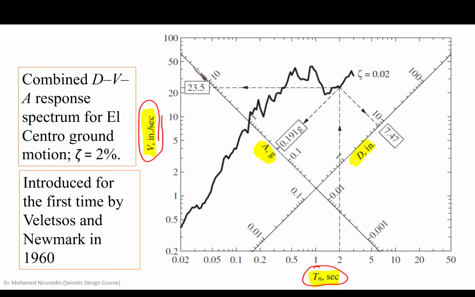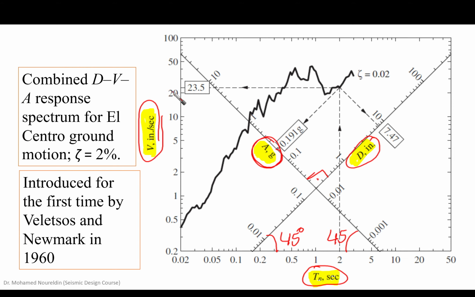Then we have a couple of axes making a 45-degree angle with the horizontal. The first one we call the deformation axis, and the perpendicular one is the pseudo acceleration axis.